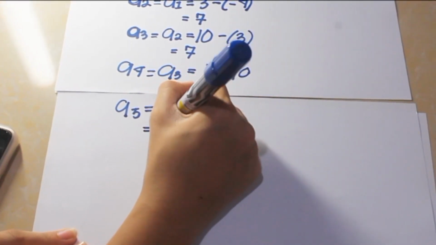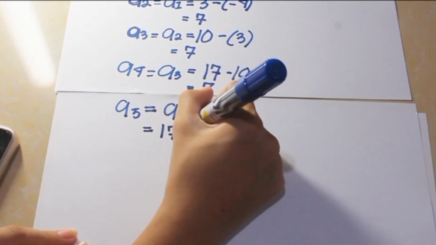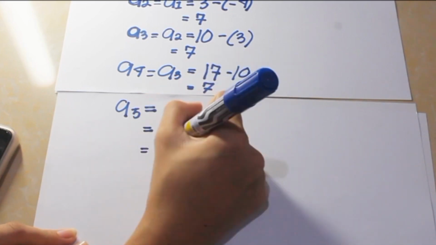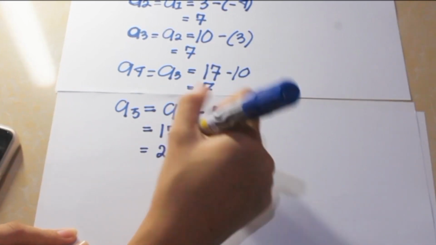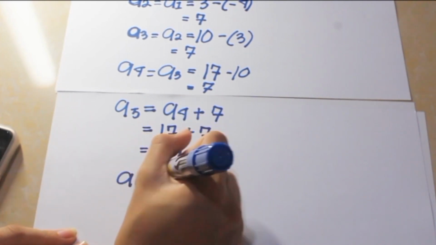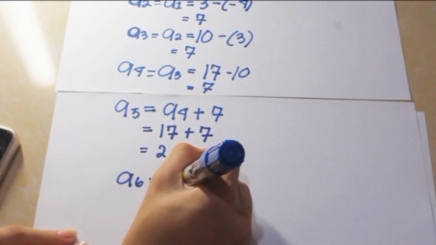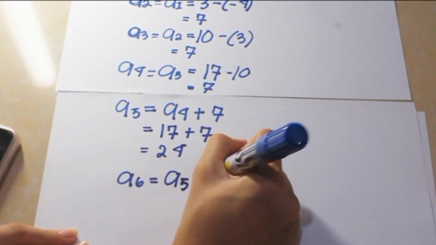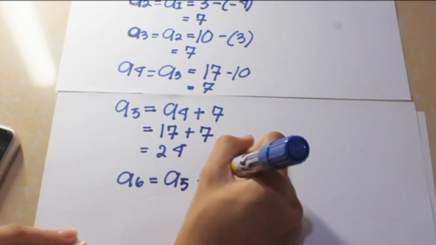Now that we know it's an arithmetic sequence with a common difference of 7, we can find the next 3 terms. The fifth term, a sub 5, is found by adding 7 to the fourth term, a sub 4. a sub 5 equals a sub 4 plus 7 equals 17 plus 7 equals 24.